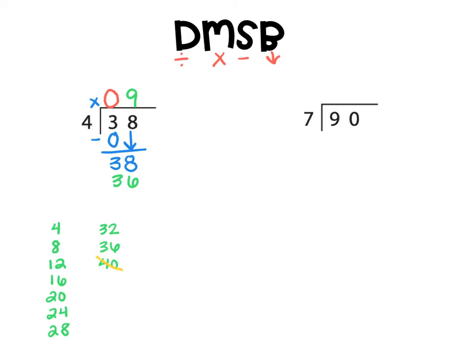Well, 40 would be too much, so I needed to stop at 36. Well, 36 is the 9th multiple of 4, so 4 goes into 38 9 times.